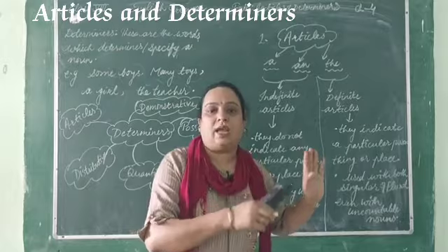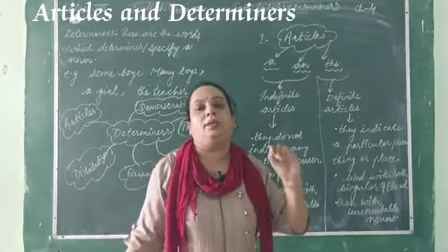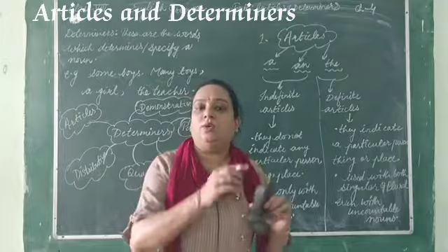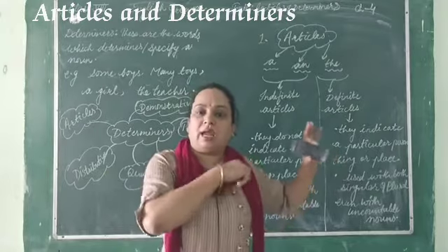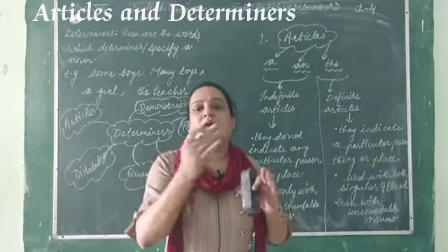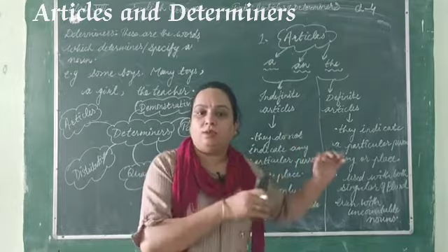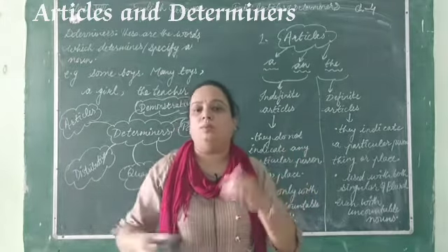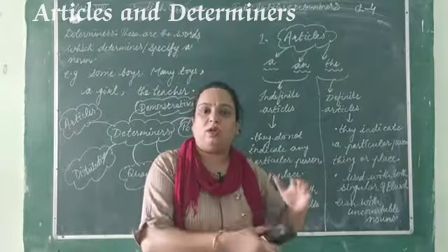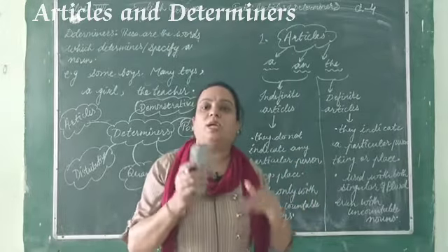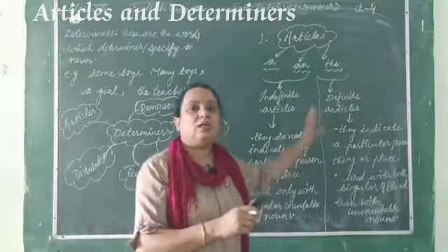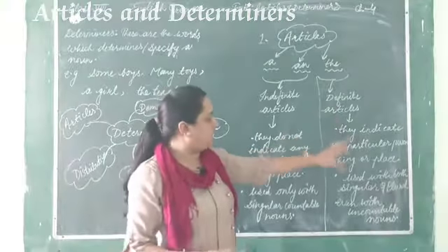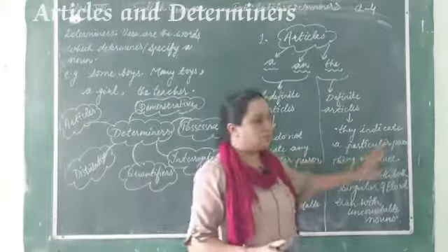In the first sentence I have used I have purchased a book. The book was very interesting. So the book which I have purchased, I am using the in the second line because that has become particular. I am talking about the book which I purchased yesterday. I am talking about the same book, meaning the book is particular now. So the is used with particular subjects, with particular things or places or persons, right?